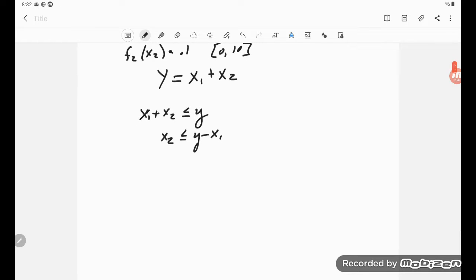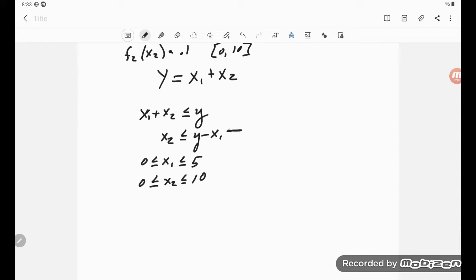And now what we know is that we also need 0 less than or equal to x1 less than or equal to 5, and 0 less than or equal to x2 less than or equal to 10.